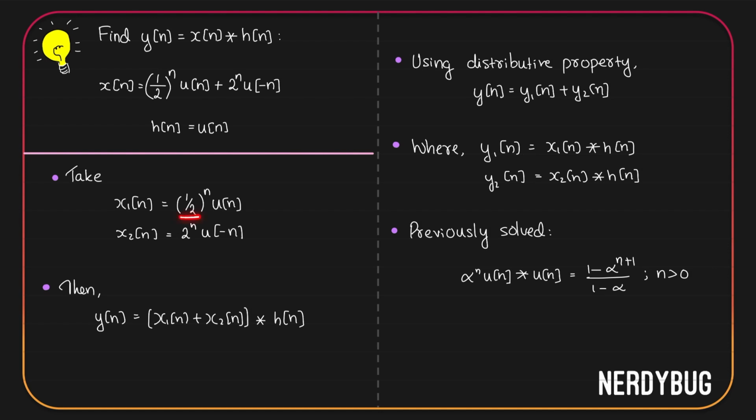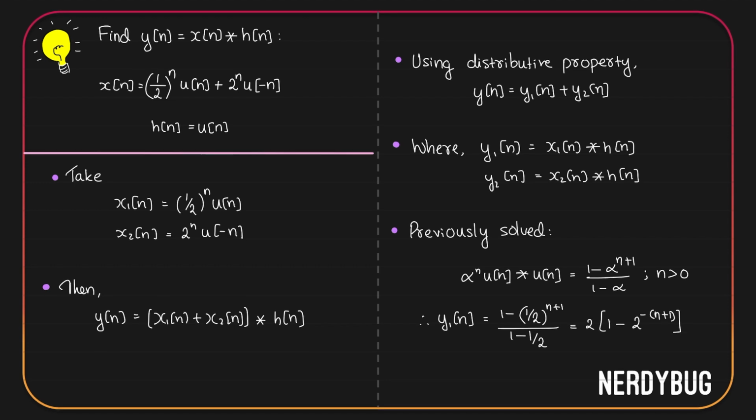Here, instead of alpha, we have 1/2. We can substitute 1/2 for alpha, and that will give us y1(n): (1 minus (1/2)^(n+1)) divided by (1 minus 1/2). Or this can be written as 2 times (1 minus 2^(-(n+1))).